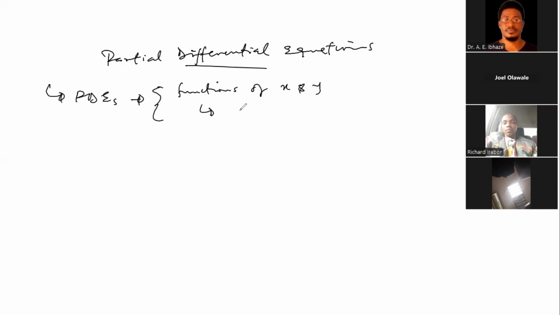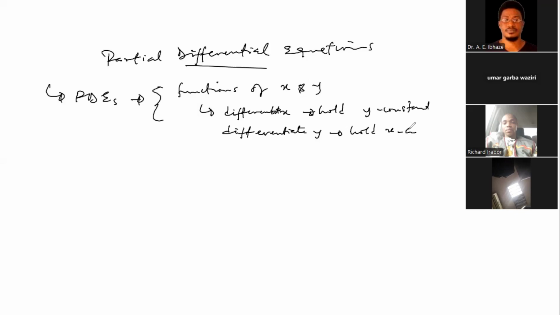Then, in the second aspect, we keep the second constant and differentiate with respect to the first. So we differentiate x and hold y constant, and then differentiate y and hold x constant.